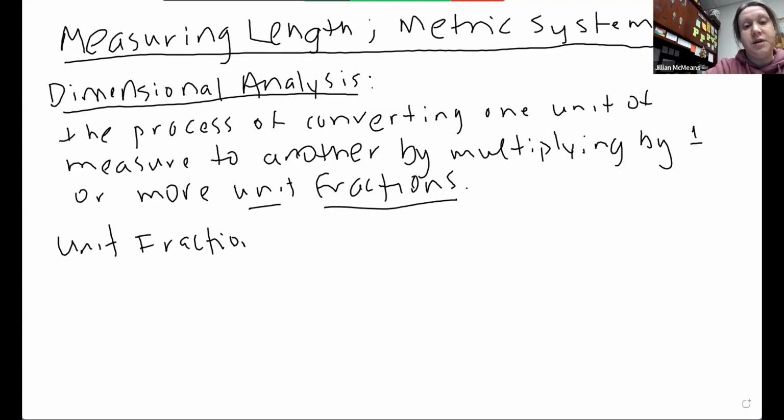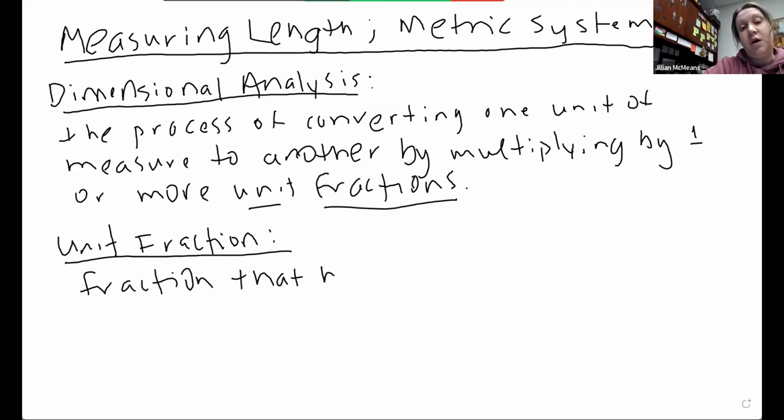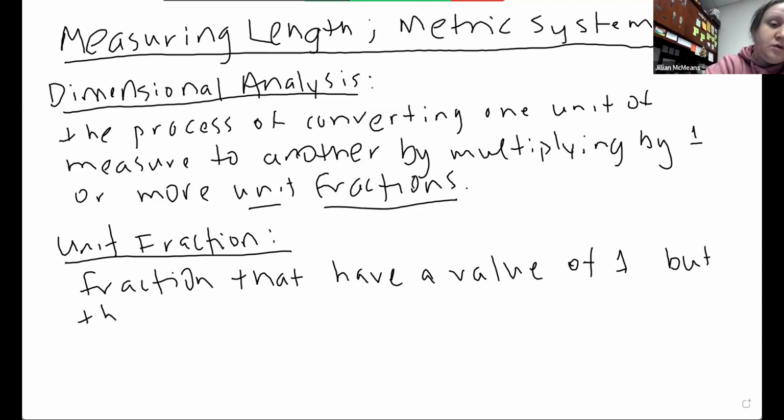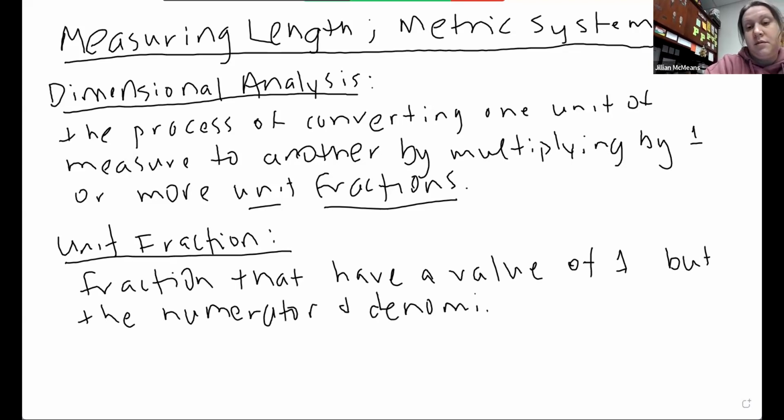So unit fractions, these are fractions that have a value of 1, but the numerator and denominator are made up of different units of measure.